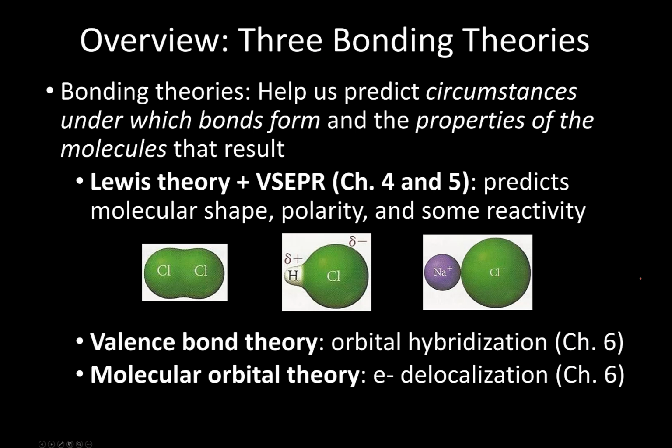So first, an overview of the three bonding theories we're going to cover in this course. These bonding theories each in their own way help us predict the circumstances under which bonds form and the properties of molecules that result from that bonding. So chapters 4 and 5 are focused on Lewis theory and VSEPR.